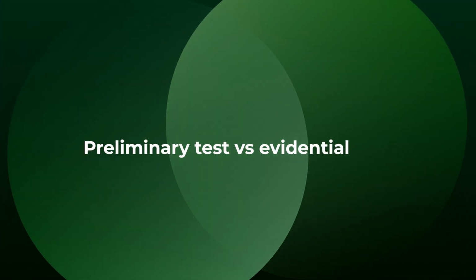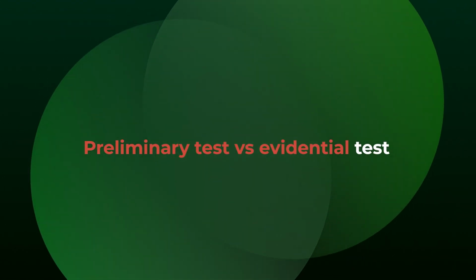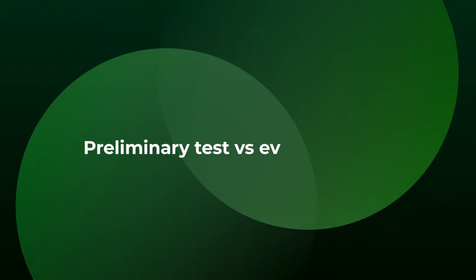Now let's discuss the difference between a preliminary test and an evidential test. Failure to provide offences can be split into two main categories, evidential and preliminary.